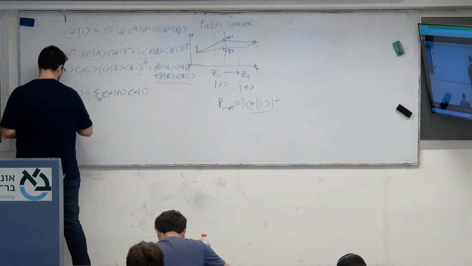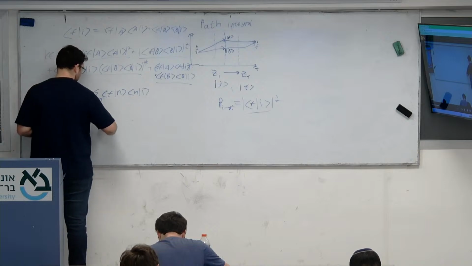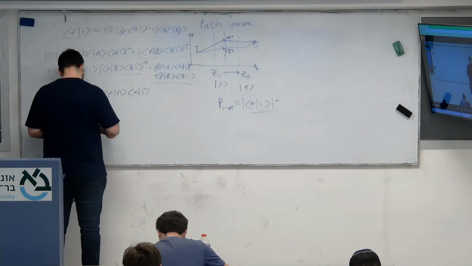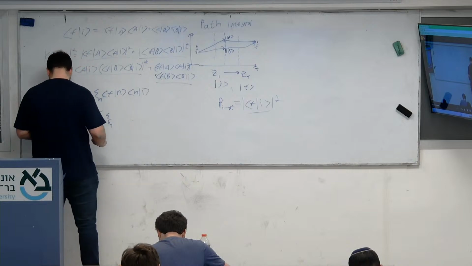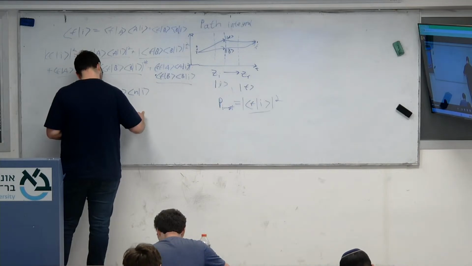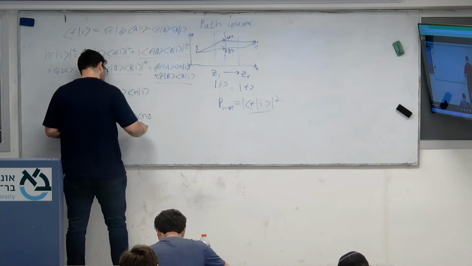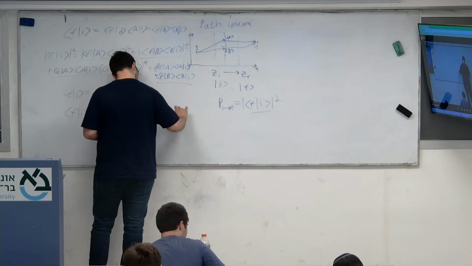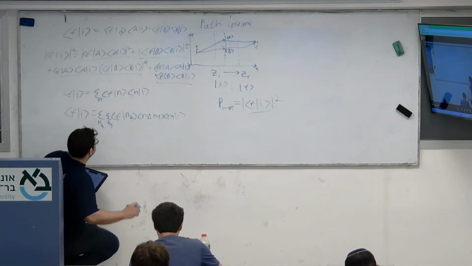If we have 1 and 2, that's 1. Then of course I can add as many walls as I want.